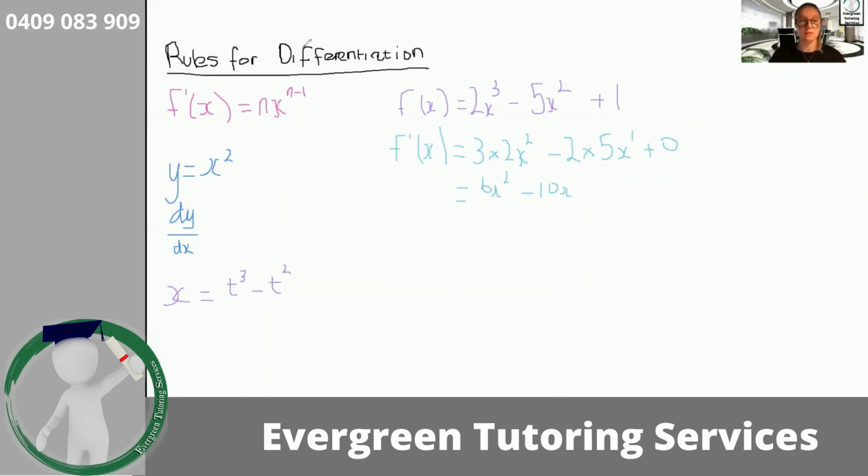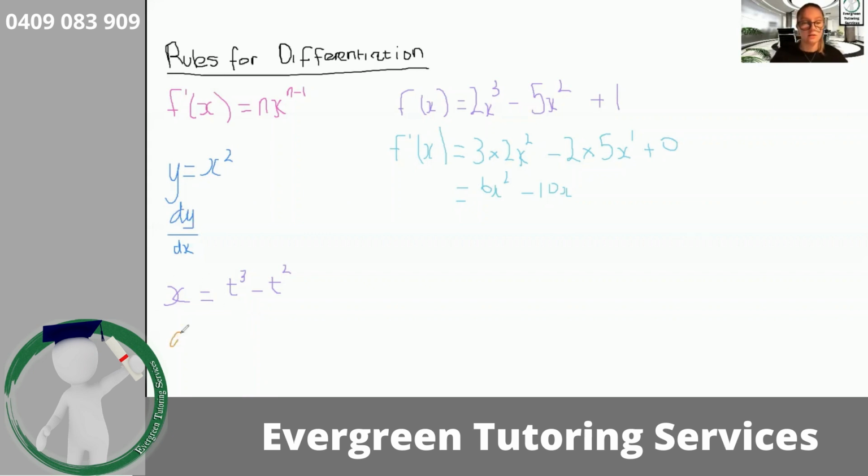So if we come down to this example at the bottom here, we have x equals t cubed minus t squared. So we're going to use the notation here, but instead of y and x, we have x and t. So this is a function of x in relation to t.